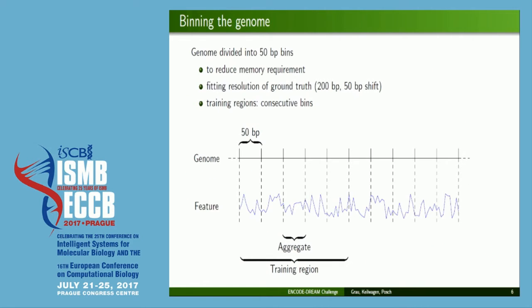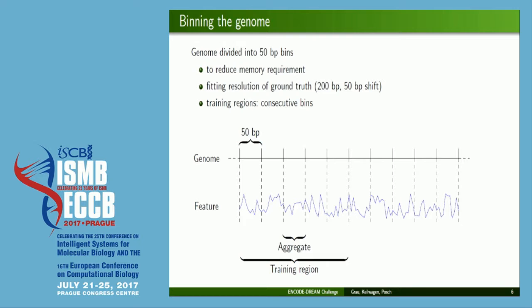And in the end, we should make predictions for a complete genome, and we could compute all those features in one base pair resolution. But the memory requirements and also runtime requirements for making predictions in the end on that basis would be just too large.